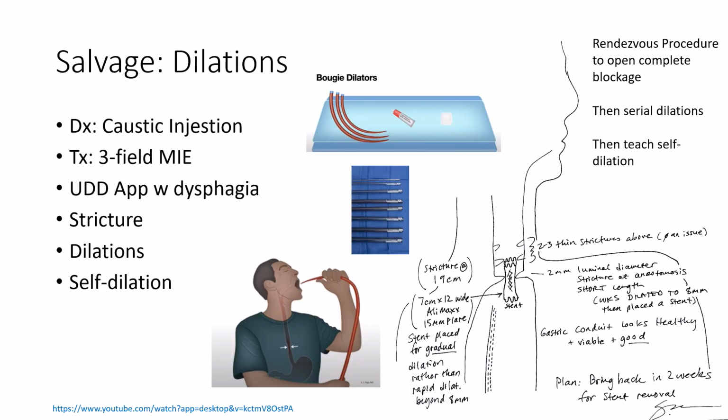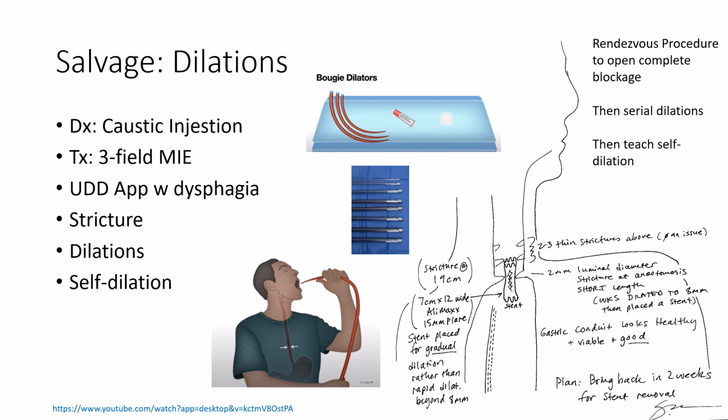Other salvage techniques and procedures can include stenting for any type of stricture. However, it is important that thin-walled strictures can also erode into adjacent structures. Caustic ingestion patients who have anastomotic strictures, patients who have severe dysphagia may benefit from a procedure called self-dilation.